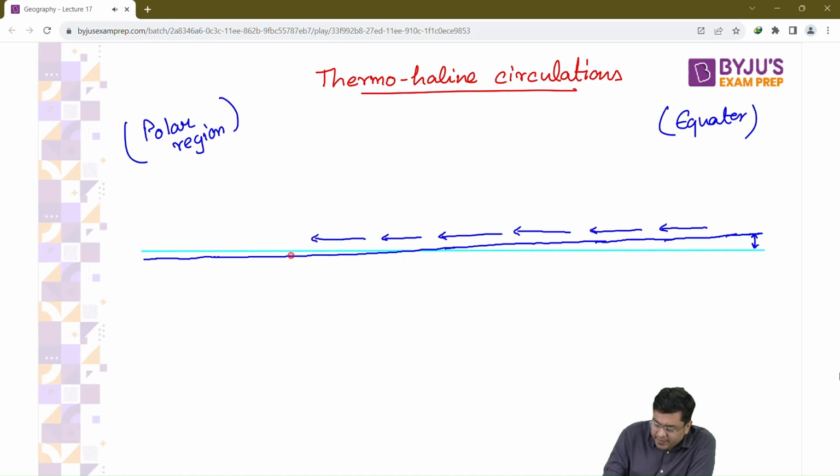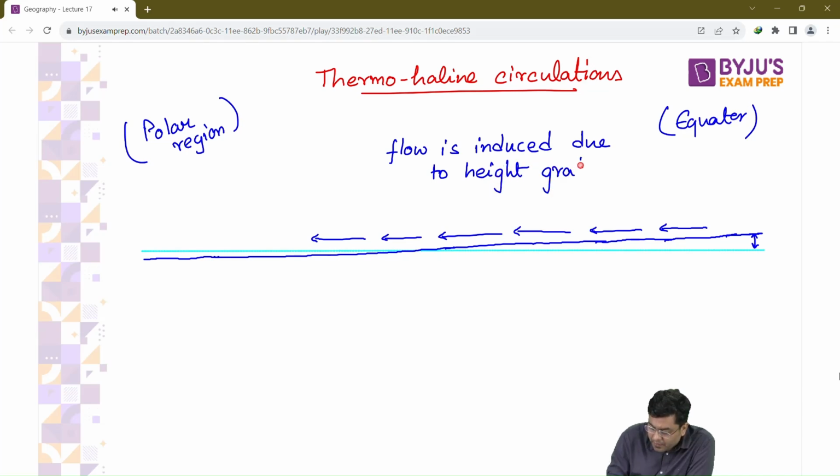It tends to flow because of the height gradient. So flow is induced due to height gradient.